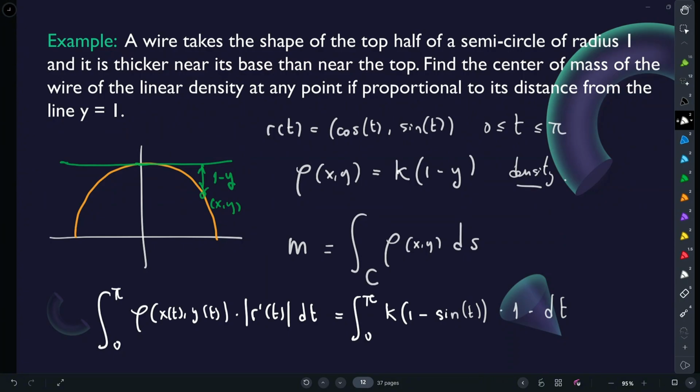So if you do this integral, that is just the integral of k minus the integral of k sine t between 0 and pi. You do that integral, and the answer is k times pi minus 2.